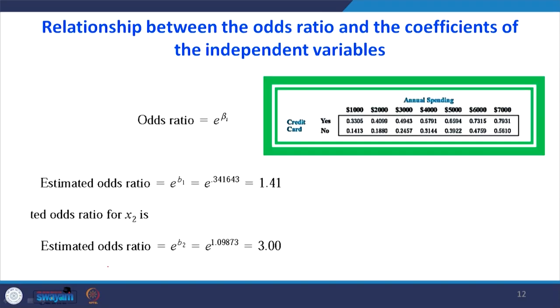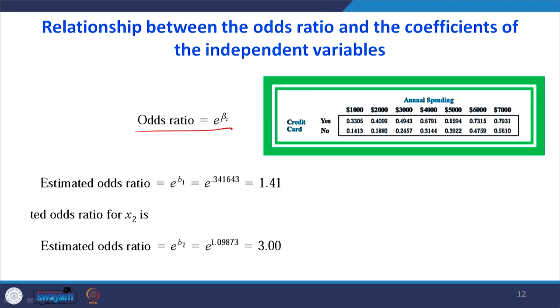Now another very useful relationship. Instead of finding the odds ratio that way, there is a connection between the coefficient of the logistic regression equation and the odds ratio, that is e to the power beta i. What does the title say? Relationship between odds ratio and the coefficient of independent variable.